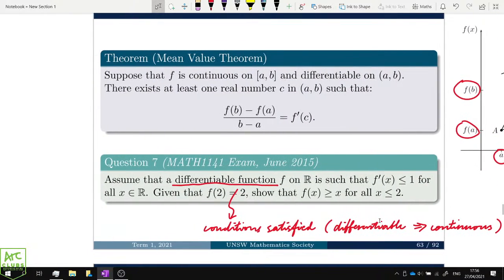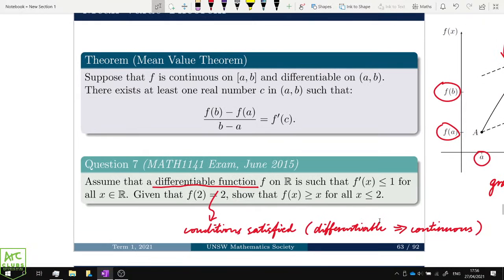So here you can see that the question already established that our function f is differentiable. Remember, a differentiable function has to be continuous as well. So that satisfies our condition for applying the mean value theorem. The hardest part about question 7 is to recognize the fact that it involves the application of the mean value theorem, because as you can see, it's not stated anywhere in the question.